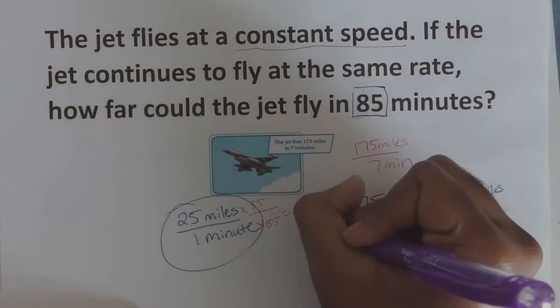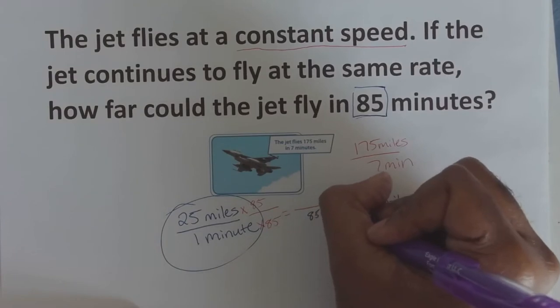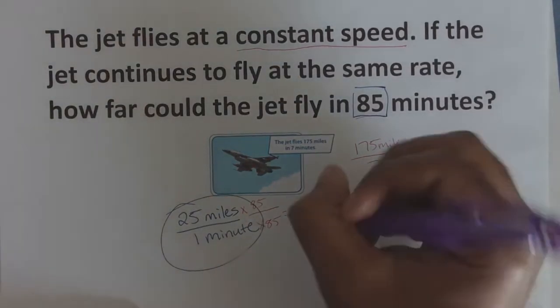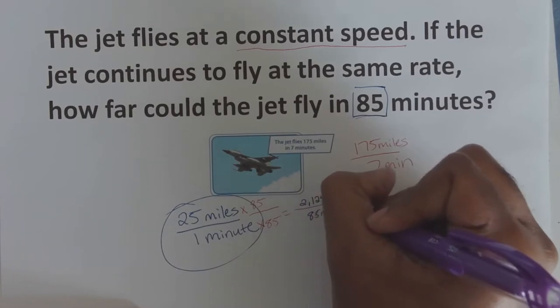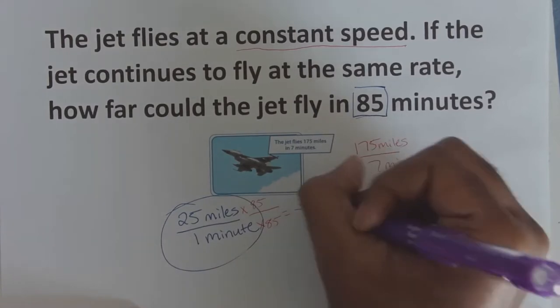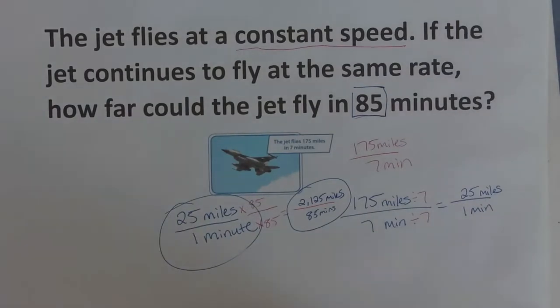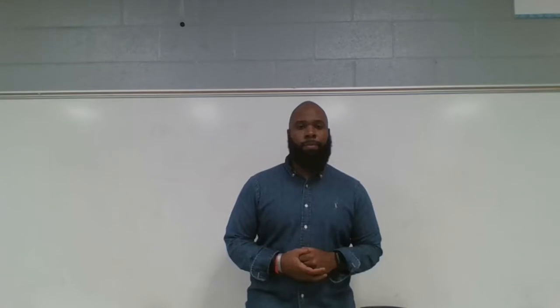That's going to give me 85 minutes. 25 times 85 is going to give me 2,125 miles. So again, it shows that the airplane travels 2,125 miles in 85 minutes. Isn't it crazy that I got the same answer doing it both ways?